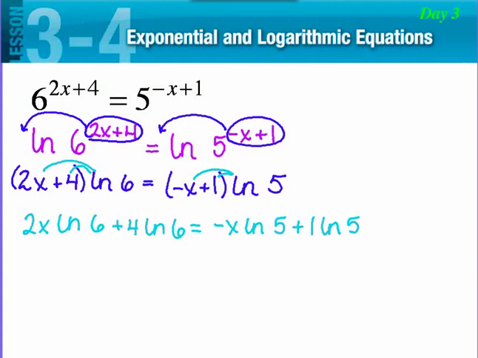Now I'm going to group my numbers on one side and my variables on the other. So I'm going to add x ln of 5 here, and then subtract 4 ln of 6 and subtract 4 ln of 6.